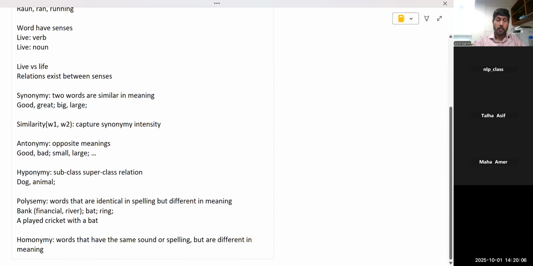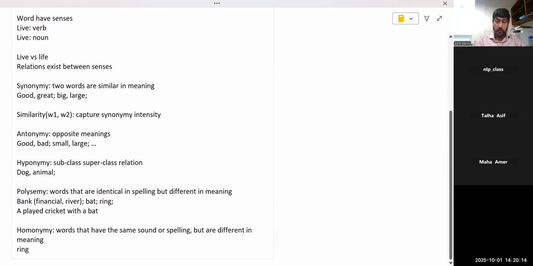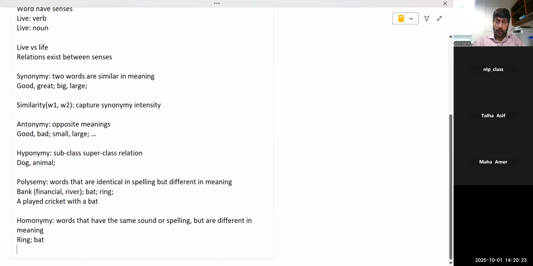So in this, what goes under polysemy, where the words have the same spelling, that would also come inside this. But others will also come in this. So for example, ring is also an example, bat is an example. But you also have words like weight and wait.